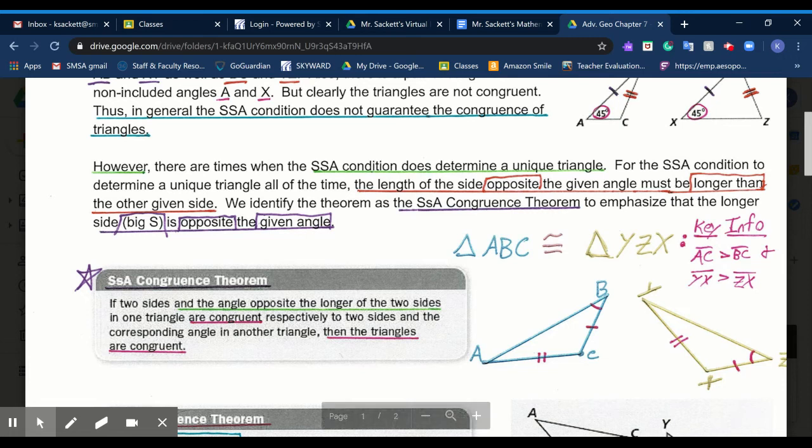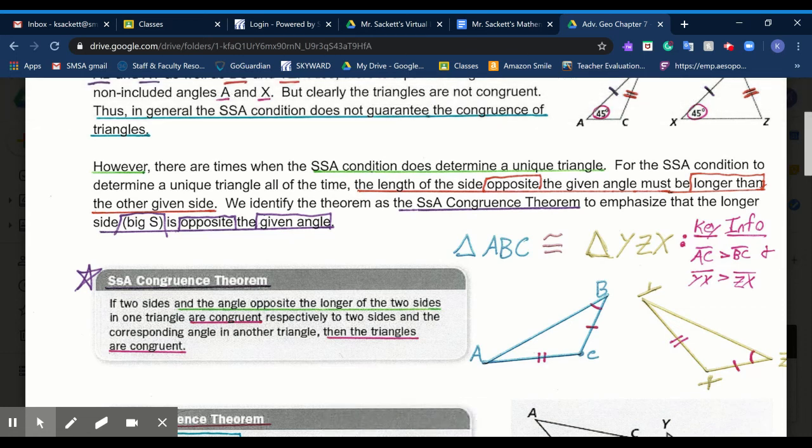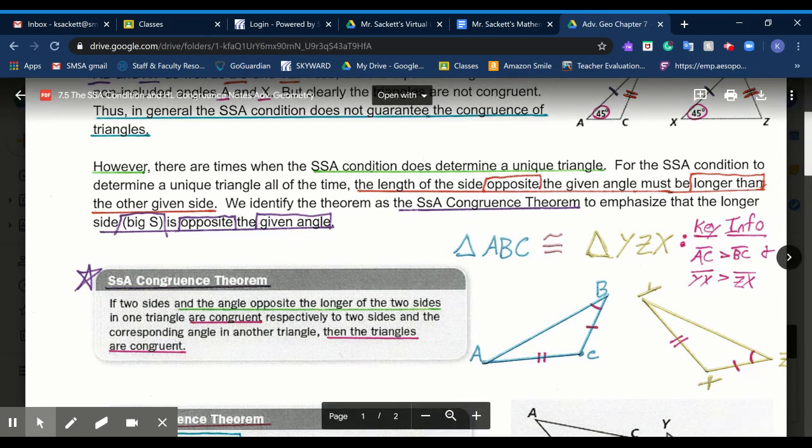So that would be looking at triangles ABC and YZX over here at the right. In order to know that these are satisfying the SSA congruence theorem, we have to have this key information in which side AC is larger than BC and side YX is larger or longer than side XZ.